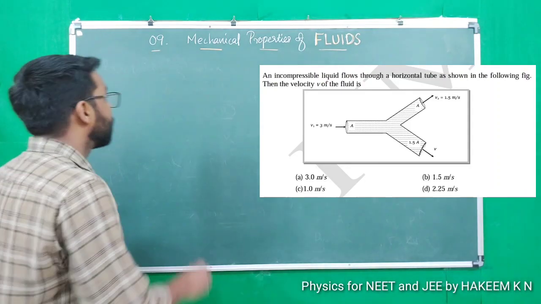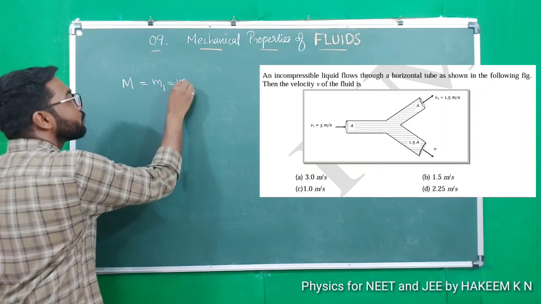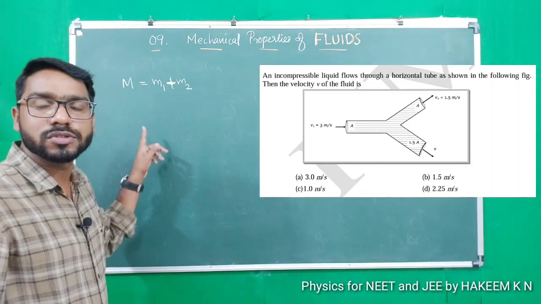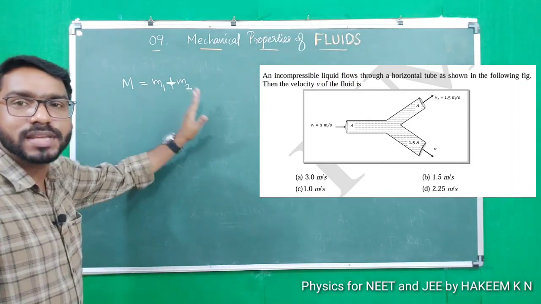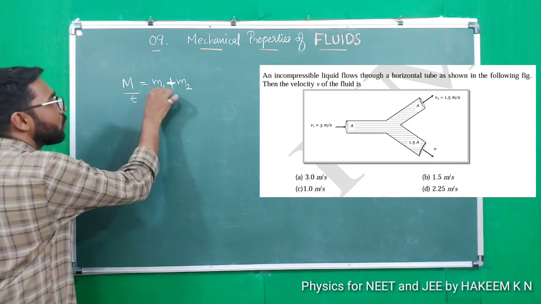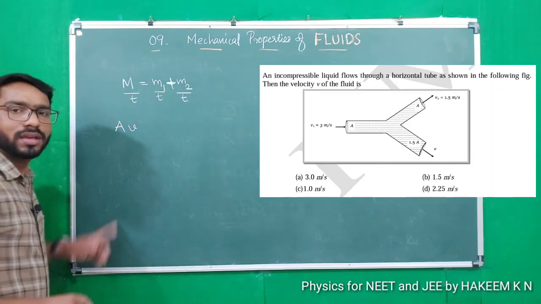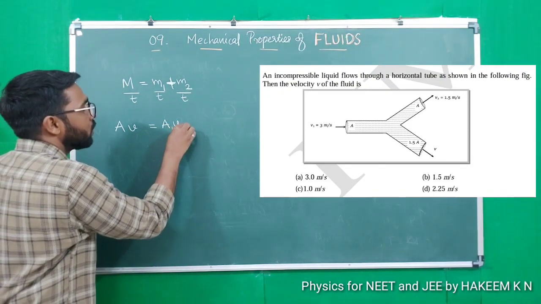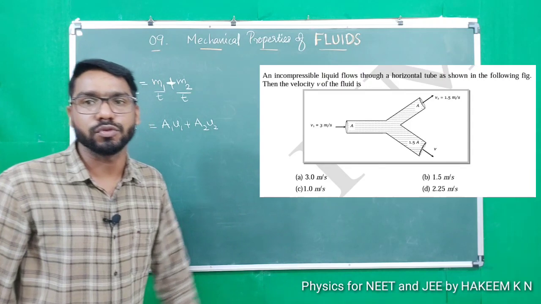So mass of liquid entering should be equal to mass of liquid leaving. So capital M, mass entering, should be equal to M1 plus M2, liquid leaving. When we divide this by time, we can write AV, area into velocity, equal to A1V1 plus A2V2.